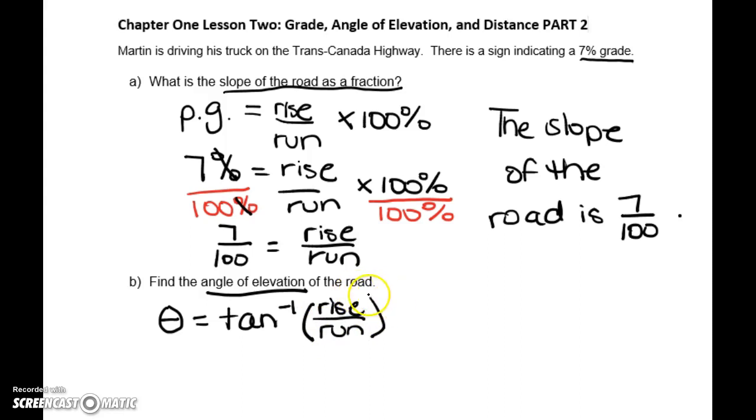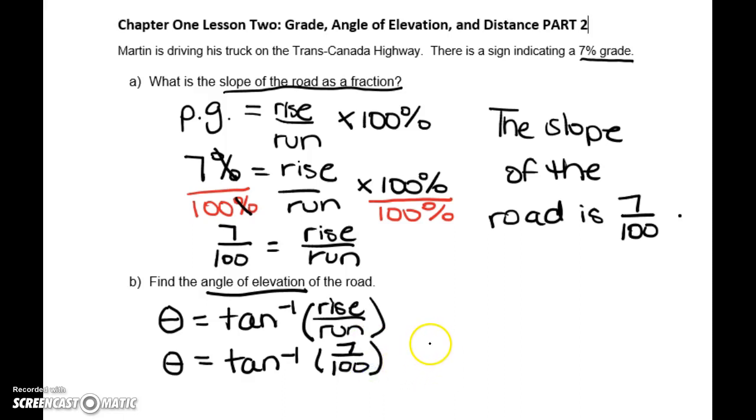In this case, we know that our rise over run is equal to 7 over 100. So we can just put 7 over 100 into our equation and solve for theta. We have theta is equal to tan inverse of 7 over 100.